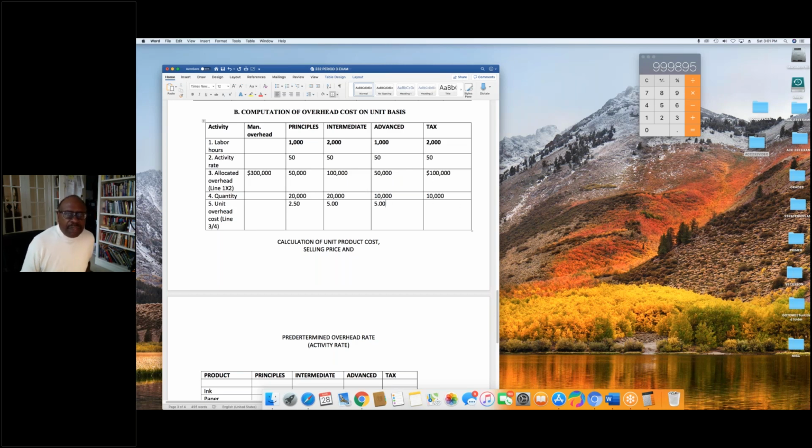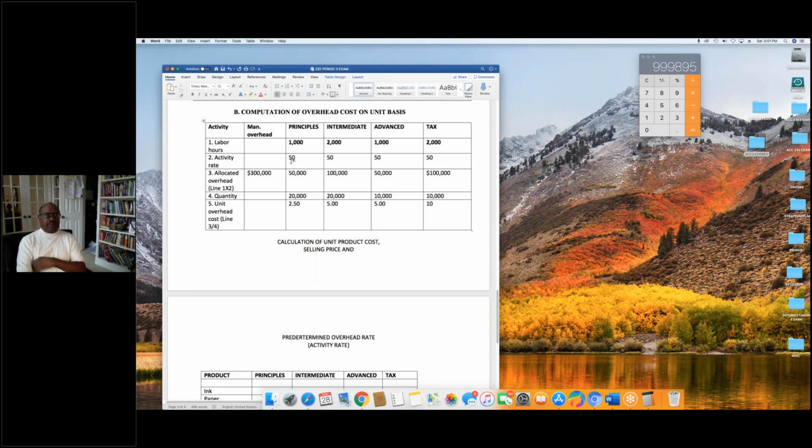And then for the textbook, 100,000 divided by 10,000, it's going to be $10 per book.